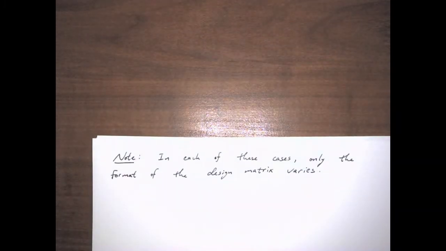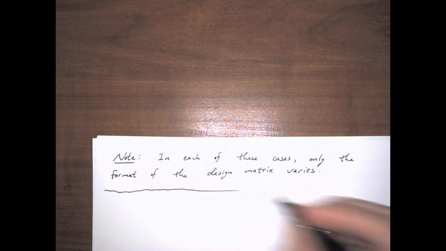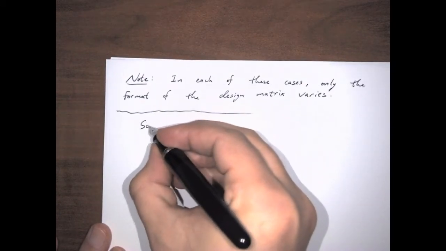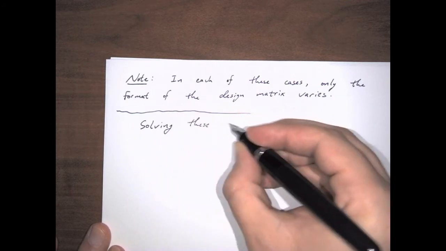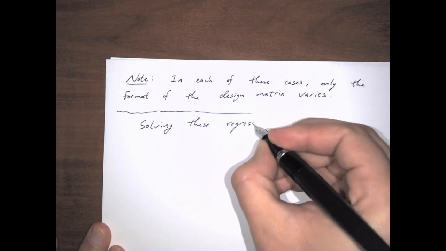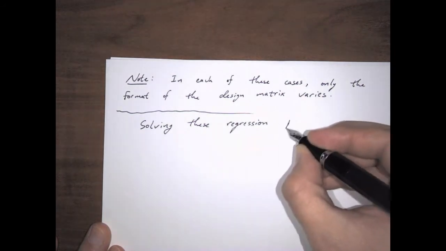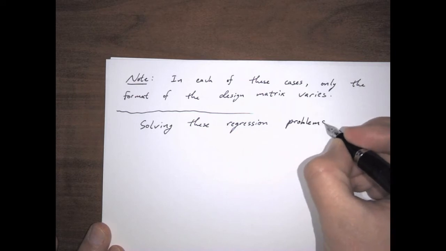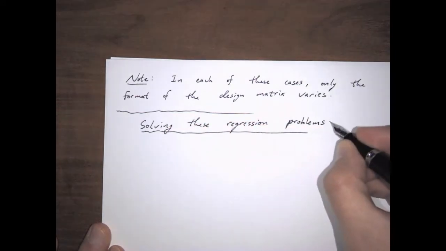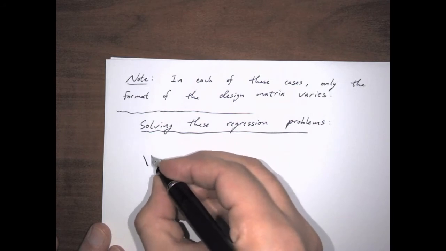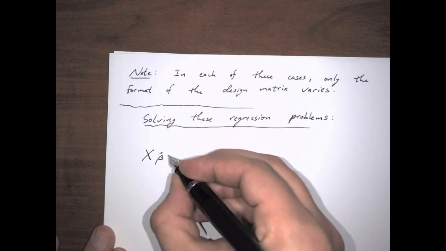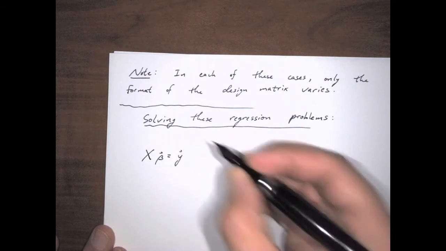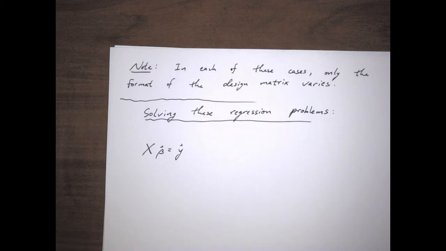Now, solving these regression problems. No matter what situation we're in, we're always going to be dealing with X times beta equals y, which will be a system of equations, but it won't necessarily be a system of equations that is consistent.